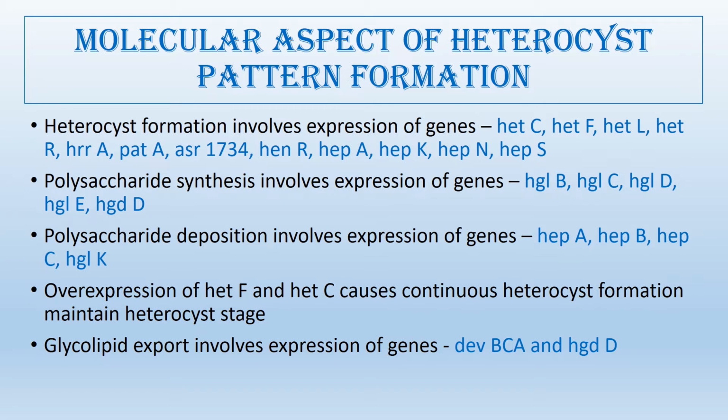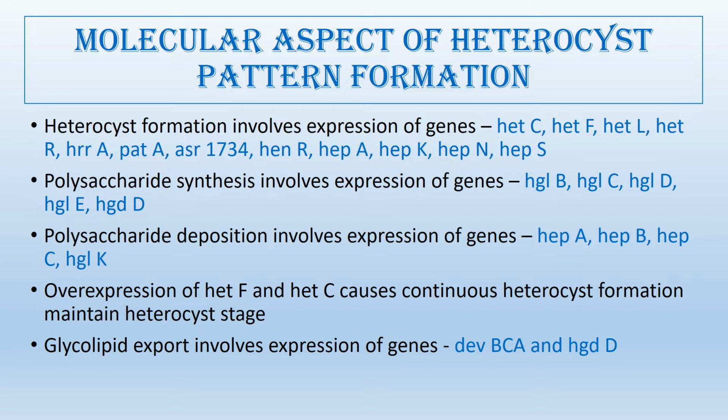So for the thickening of the wall, polysaccharide needs to be synthesized and transported to the wall. For polysaccharide synthesis, the genes needed are HGLB, HGLC, HGLD, HGLE, and HGDD.